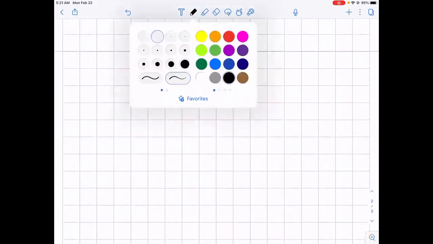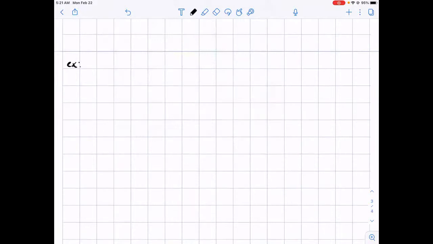Let's look at this example. Combine 3 radical 8 plus 5 radical 18. Now, if you pay attention to this, the indexes are the same, okay?